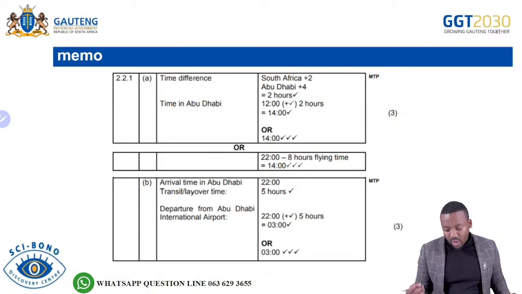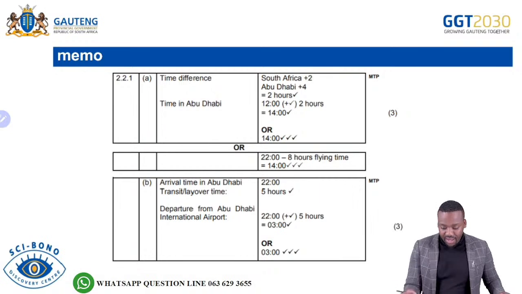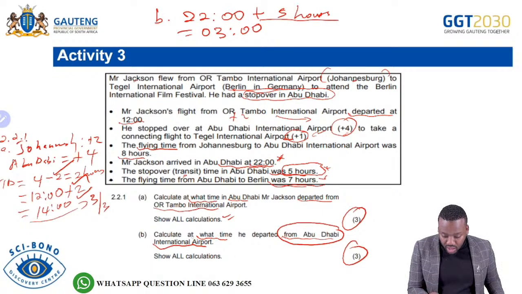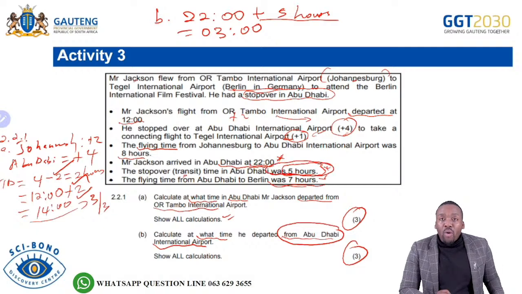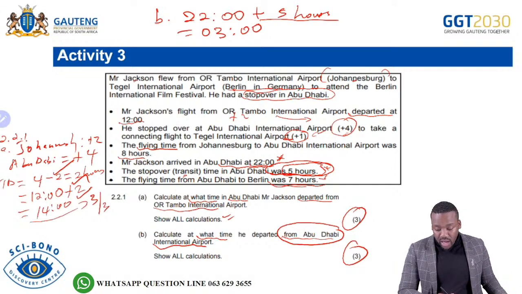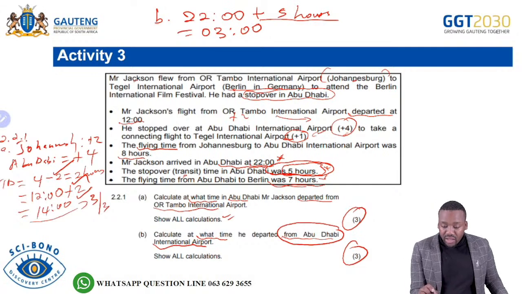It's really that correct. Oh, thank God. Then that's our answer. Remember, you take this and then you just add that particular stopover, to calculate at what time he departed. We need to make sure that we add the stopover, meaning the number of hours that he had to sit and wait for the next connecting flight to his final destination.